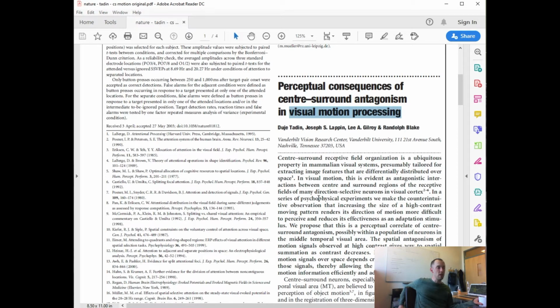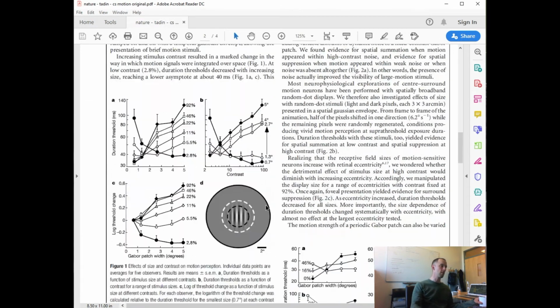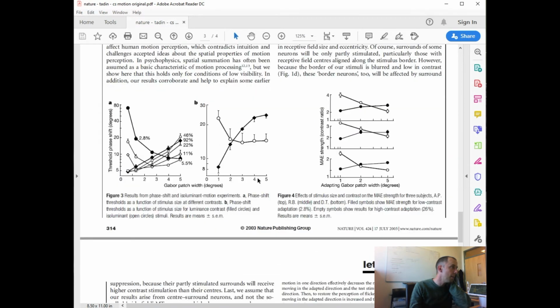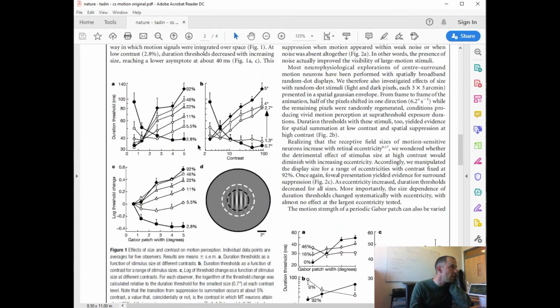It came out in 2003, and it's been pretty influential in at least this part of the world of motion processing. One of the reasons it got into Nature is they did a lot of cool things in this paper, and they show it all with different graphs. You don't have to worry about all this. I'm just going to show you basically two results that'll be good for you to understand.